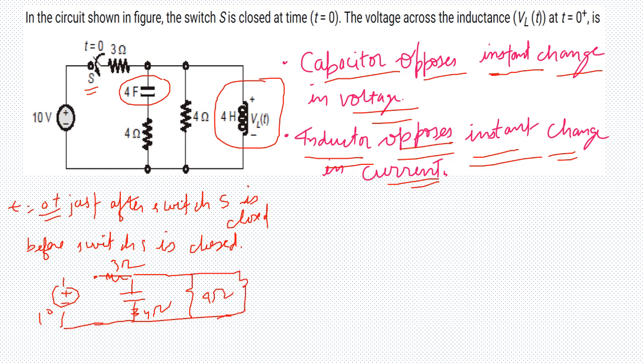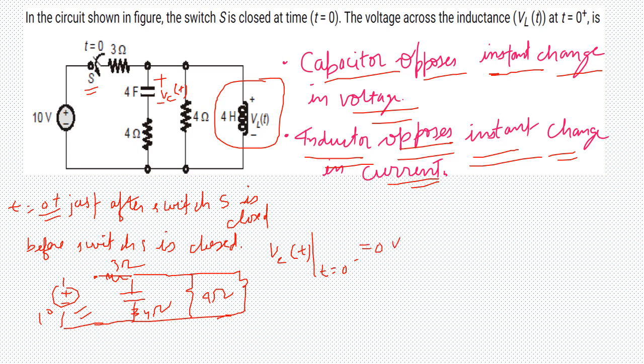Now since there is no source present, the voltage across the capacitor is 0. If I call this voltage VC, then VC of t at t equal to 0 minus, that is just before the switch is closed, is 0 volts.